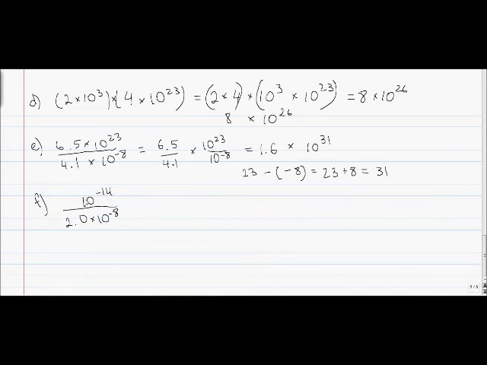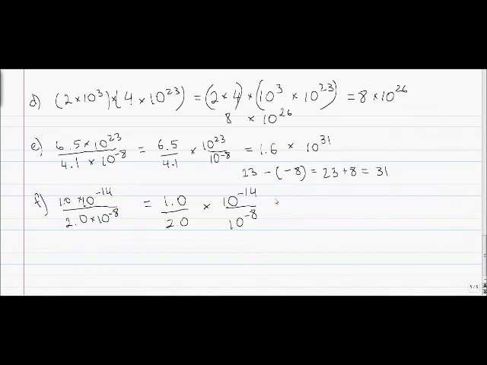So to make it look like scientific notation, we know that if you multiply anything by 1, you get the same number. So you can just multiply it by 1, because 1 doesn't really affect things. Now it comes out to be the same problem as before. We get 1.0 divided by 2.0 times 10 to the negative 14 over 10 to the negative 8.